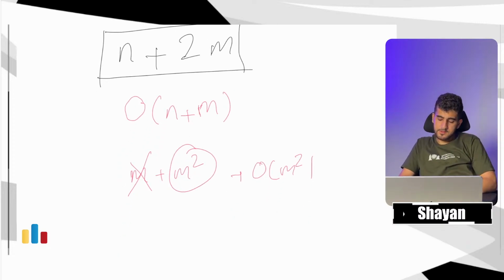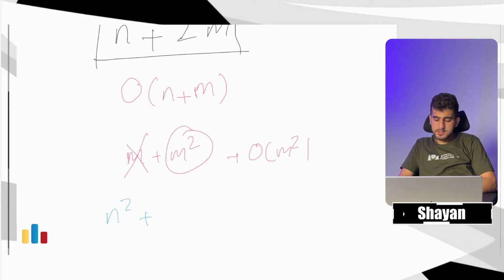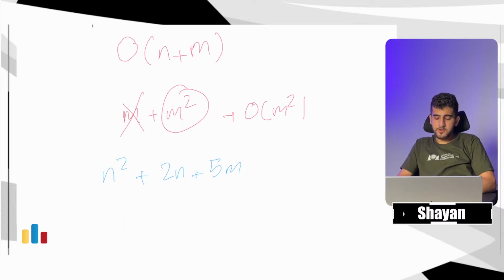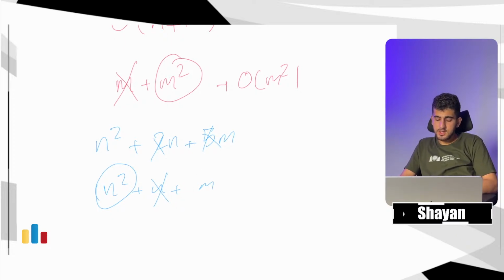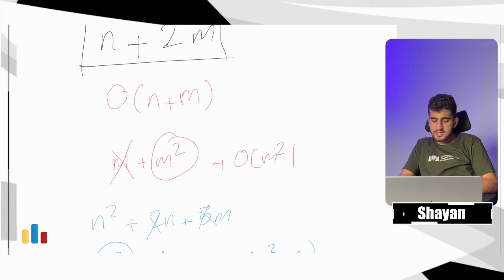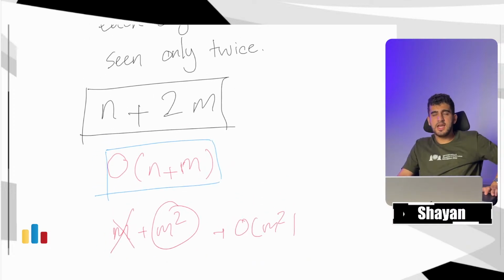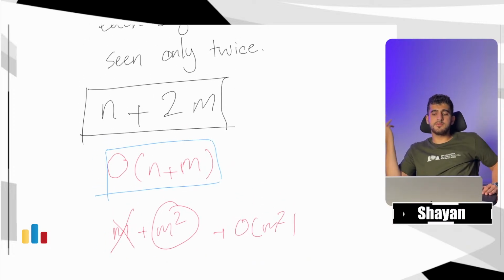When we have n squared plus 2n plus 5m, first we remove coefficients, then we have n squared plus n plus m. Then n squared dominates n, so we remove n as well. So my order is going to be n squared plus m. In DFS, my order is going to be n plus m because it was n plus 2m operations, and when we remove coefficients, it's n plus m.